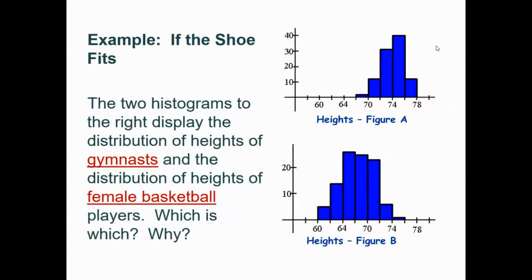Okay, so now this is going to sound very stereotypical. I'm sorry, I'm just throwing this out there. So, next page. This is called If the Shoe Fits. Let's say they show us these two histograms.